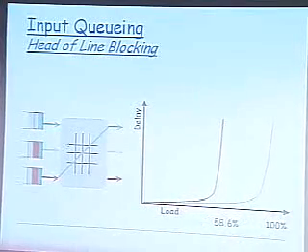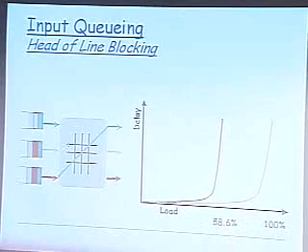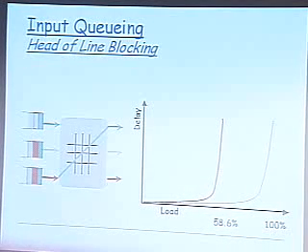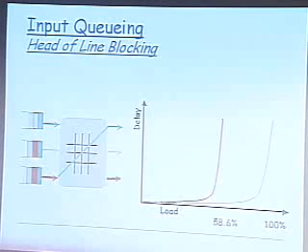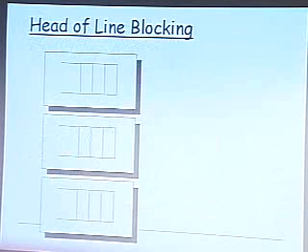Now what is this problem of head of the line blocking? Because this causes a severe inefficiency in the way these networks can operate. Instead of operating at near full capacity, you're forced to operate at about half the capacity.